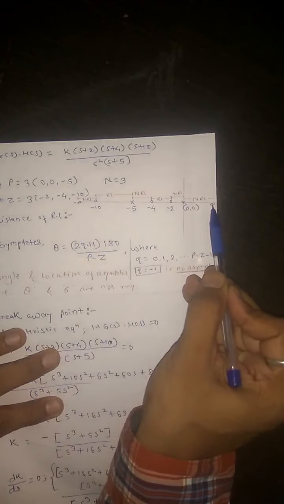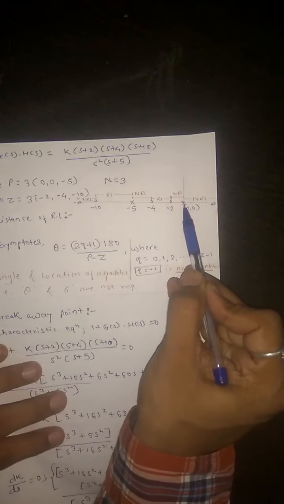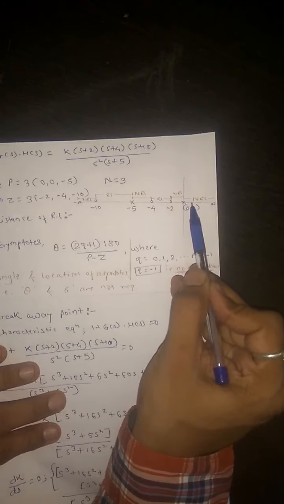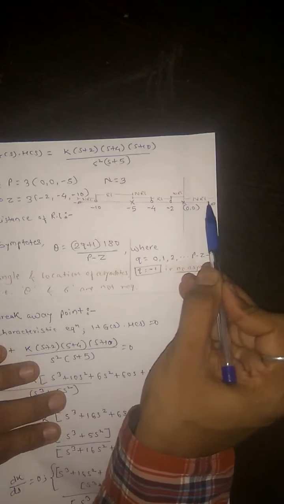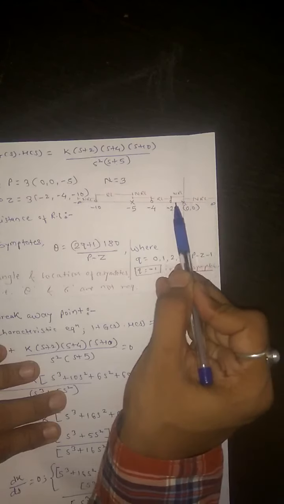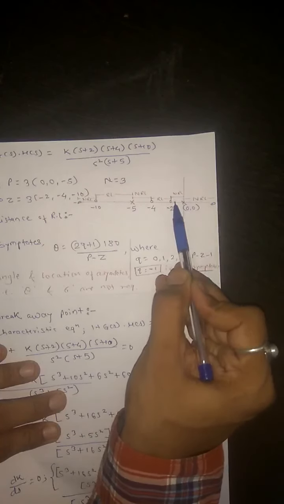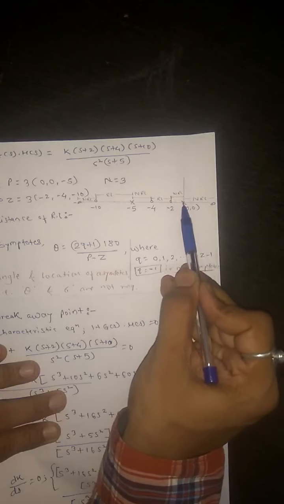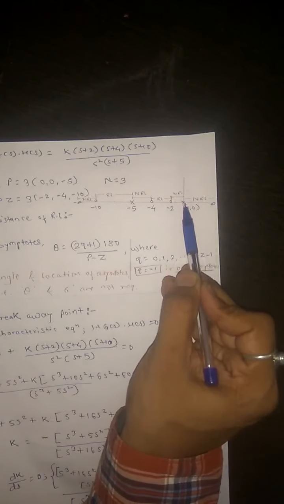So the first region is infinity to the first pole. If we put a point here and check the right hand side, no pole or zero is available, so this is NRL, non root locus region. Then for the next one, if you put a point between 0 and minus 2 and check the right hand side, there are 2 poles at the same position, so the figure is 2, even.